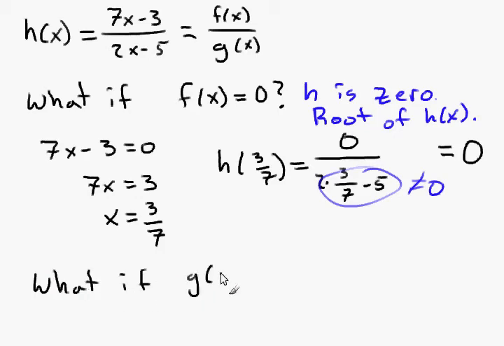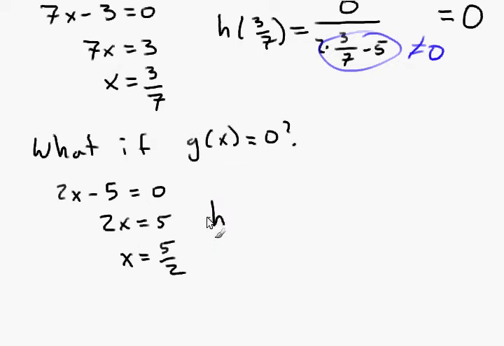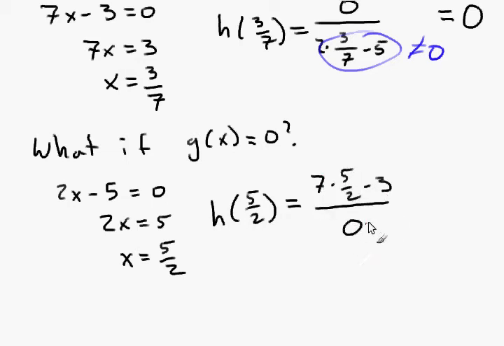Okay, what if g of x is 0? So that would mean we want 2x minus 5 to be equal to 0, 2x is equal to 5, x will be equal to 5/2. So h of 5/2 will be 7 times 5/2 minus 3 divided by, well, 0.